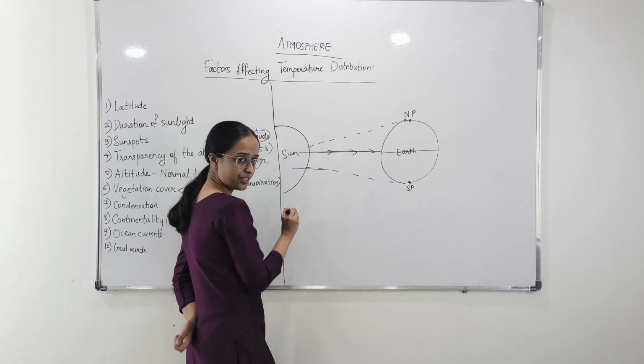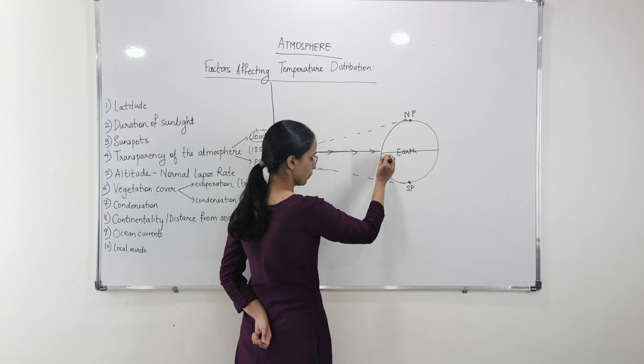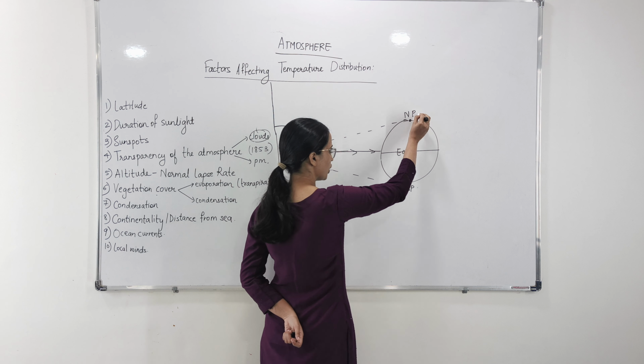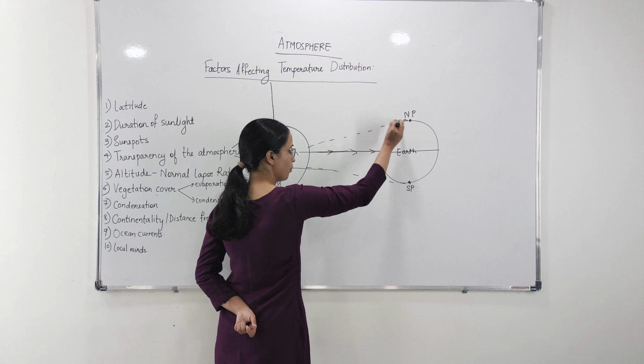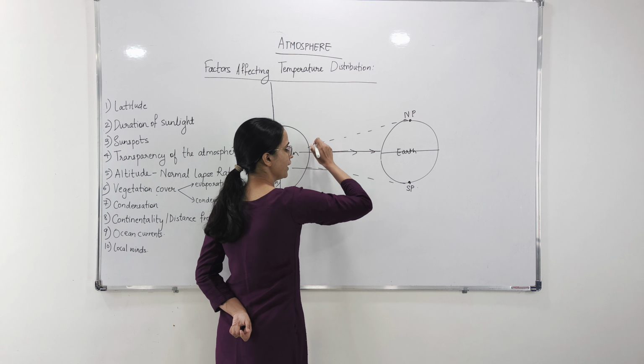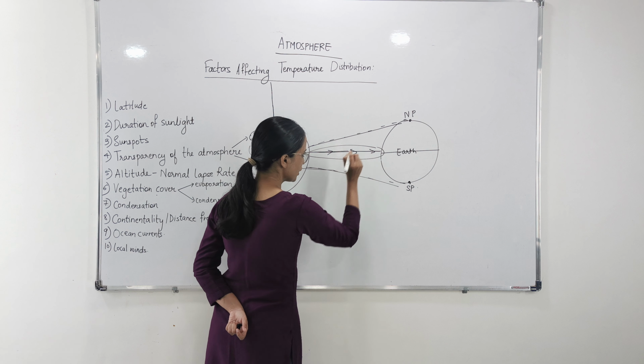So it is clearly visible that towards the pole, they are supposed to travel a longer distance as compared to the equator.